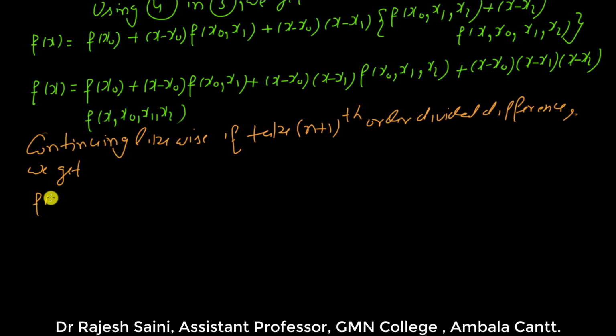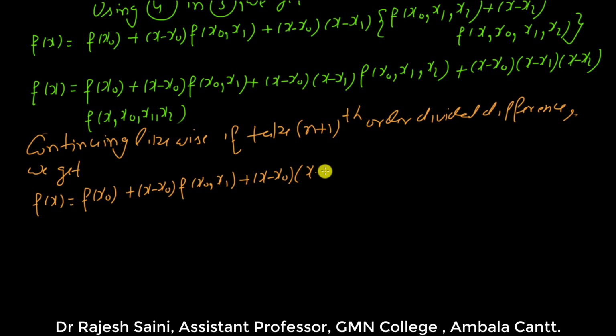It will be f of x equal to f of x naught plus x minus x naught f of x naught x1 plus x minus x naught x minus x1, and here will be f of x naught x1 x2 plus so on. You will go on something like that.